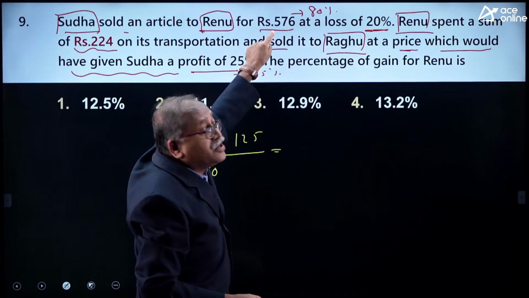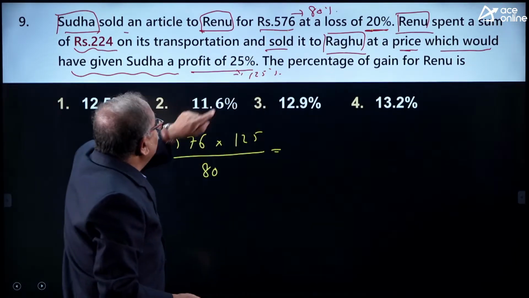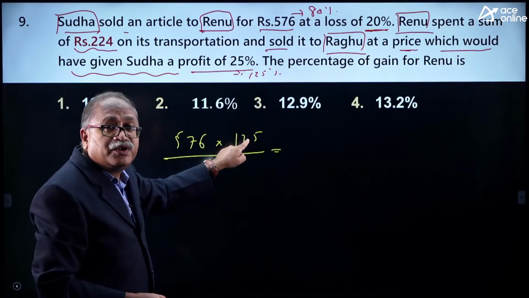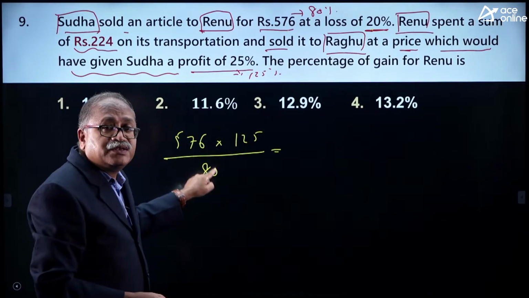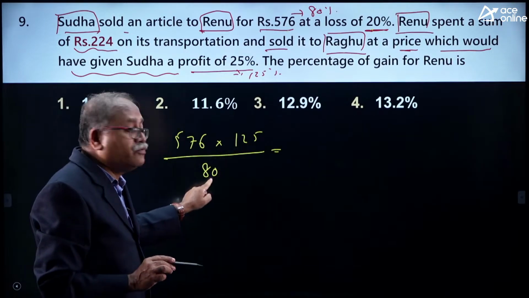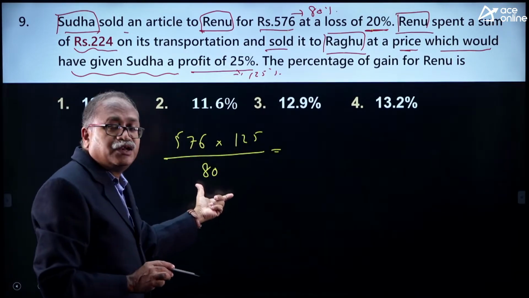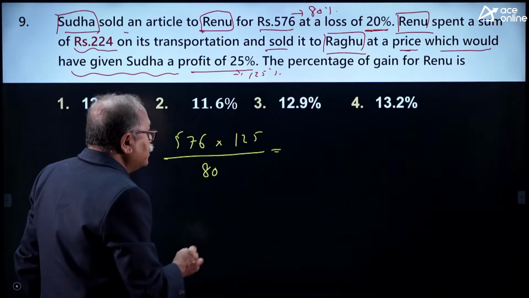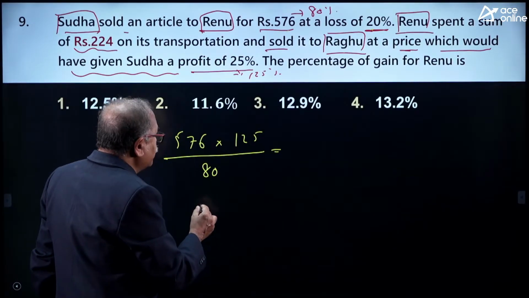That means this is 80% of the cost price. If she gets 25% profit, that will be 125%. So, 576 into the required one, that is 125, divided by 80, which represents 80%.